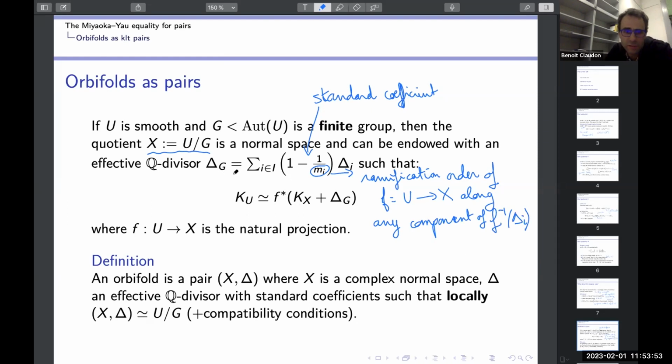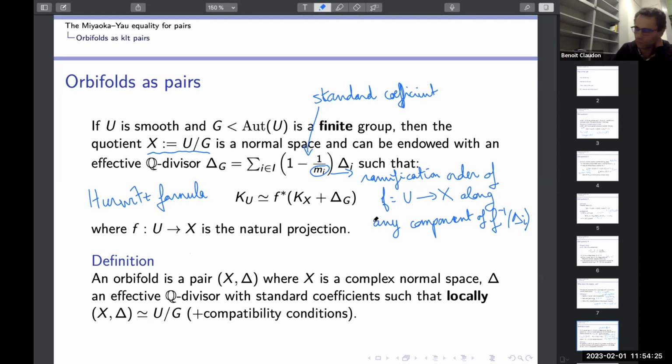Since the morphism is a Galois cover, if you pick any component, you will get the same result for the ramification order. We can think of this as the Hurwitz formula, which is very important for what follows.